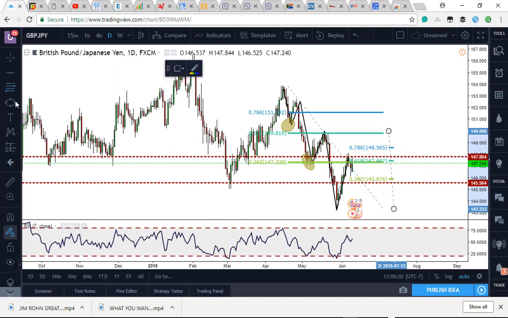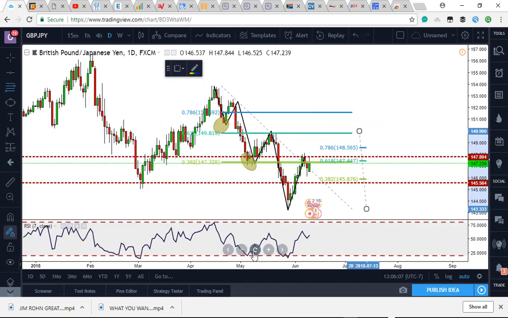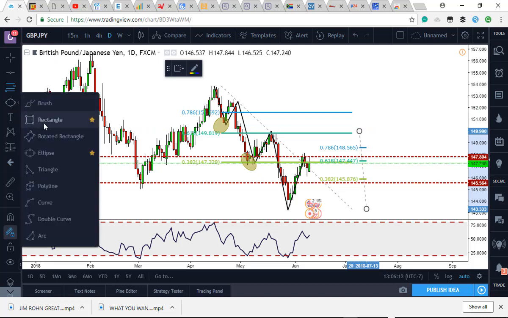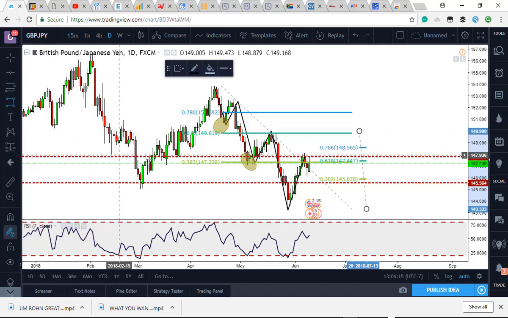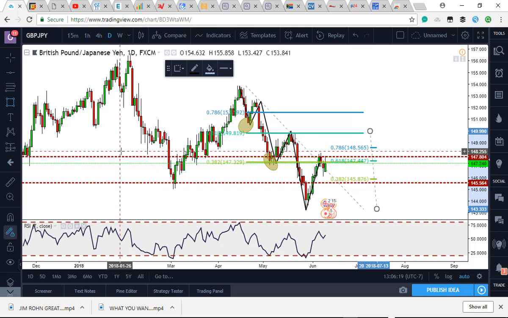Now if I could grab this just to draw out a zone, I would. Right at this level, this is where I see a significant structure level.